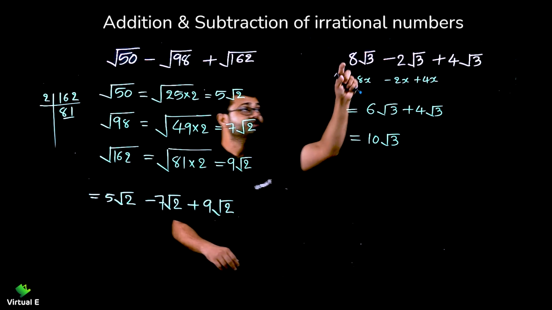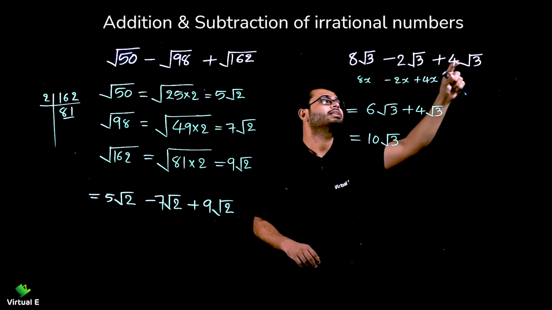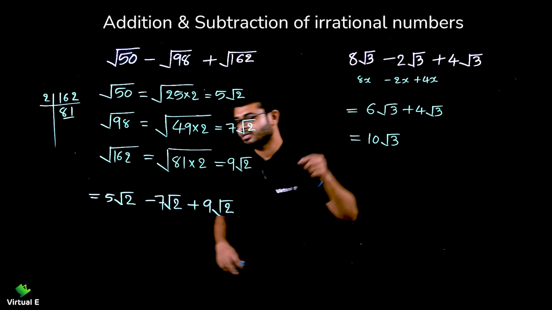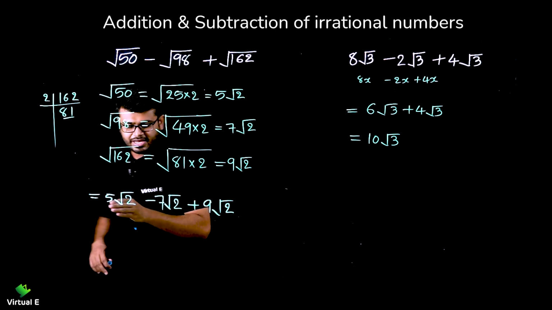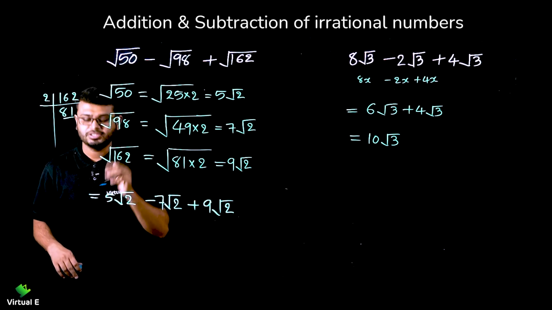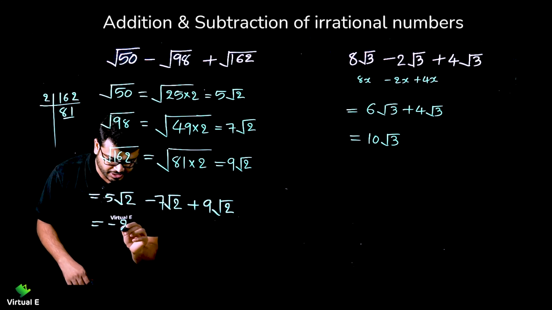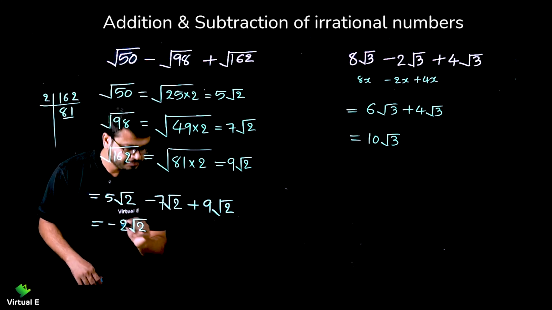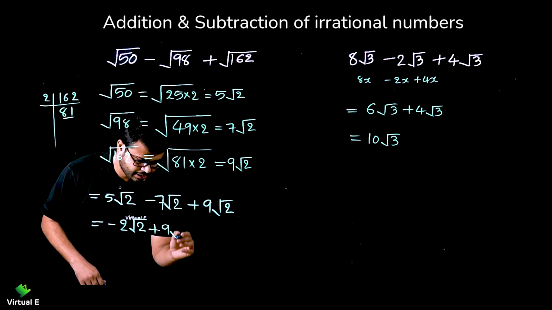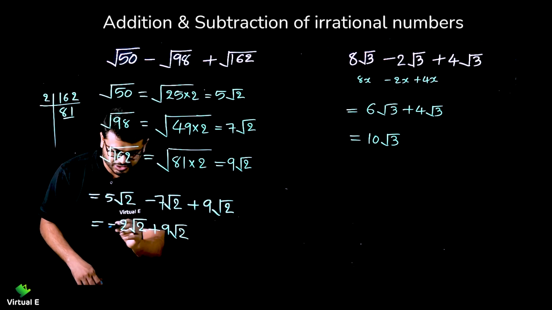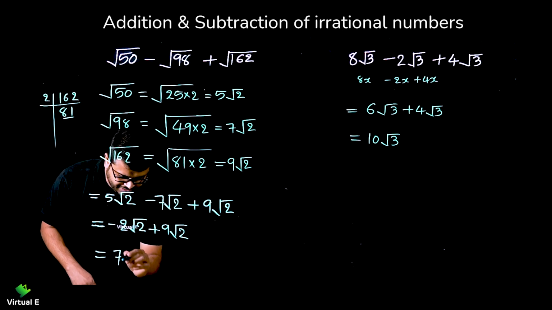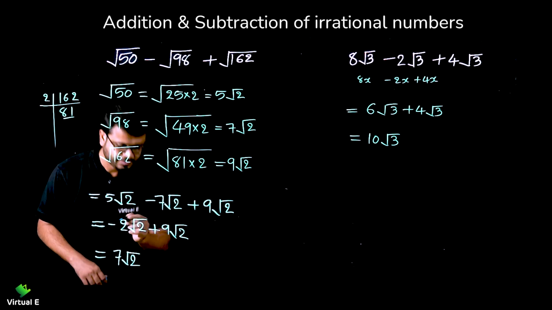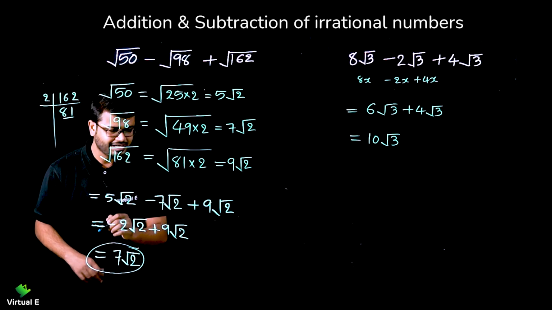Here it was straightforward given that we have the square root of 3 common, but here we have square root of 2. So 5 minus 7, that is minus 2. So let's write minus 2 square root of 2 plus 9 square root of 2. Minus 2 plus 9, that is 7 square root of 2. Very simple. So this is the final answer.